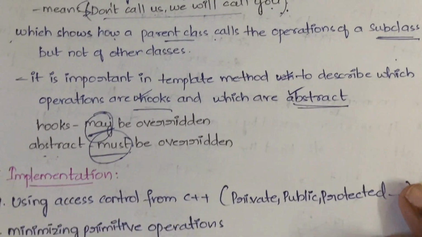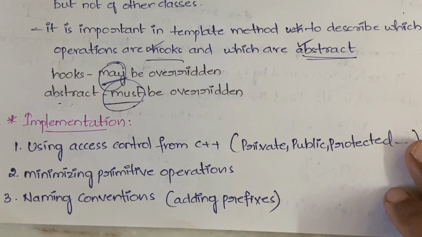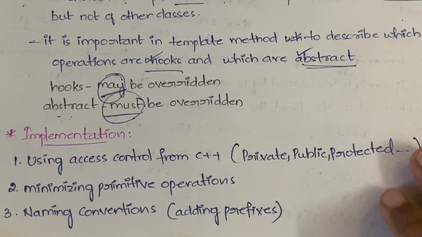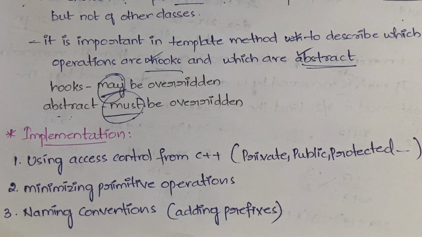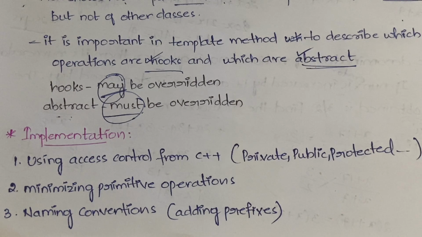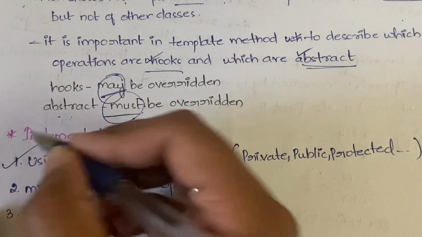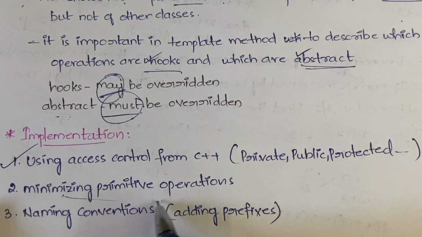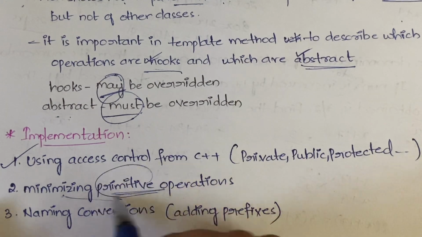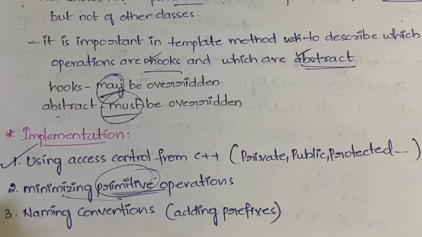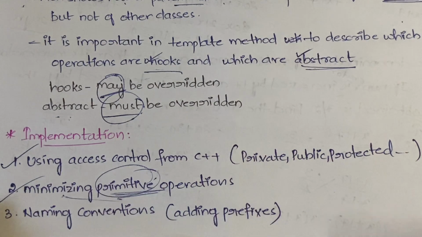Got it? Next, let us move to the implementation. In implementation, you will be using the access control from C++. Access control from C++ is nothing but in C++ you have access specifiers, right? Private, public, protected, and so on. So like that you will be using the access specifiers from C++, and you have to minimize the primitive operations. The number of primitive operations should be minimized as much as possible. Got it?